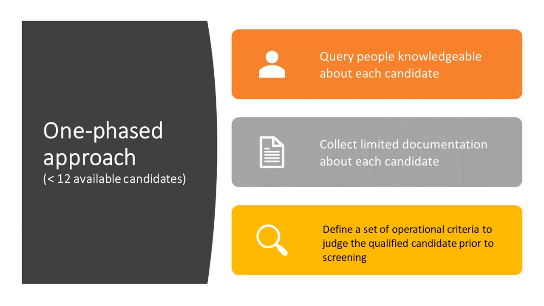You define a set of operational criteria to judge the qualified candidate prior to screening. For the single case study, the candidate with most available data sources will be eligible. For multiple case study, best fit the replication design.